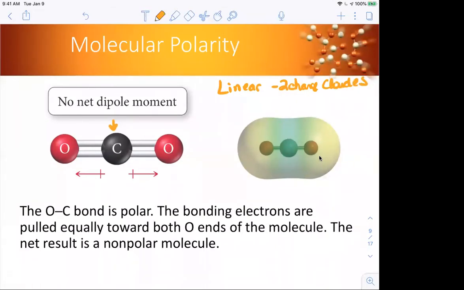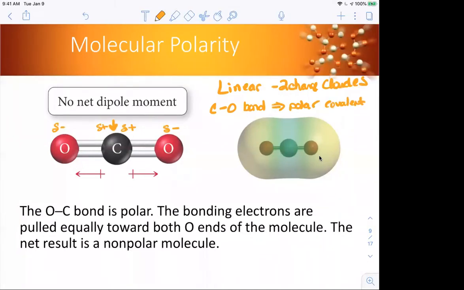This part is partially negative, this is partially positive, this is partially negative, because the CO bond itself is polar. If you look at the difference in electronegativity, that falls within the polar covalent range. So this is a polar covalent bond.